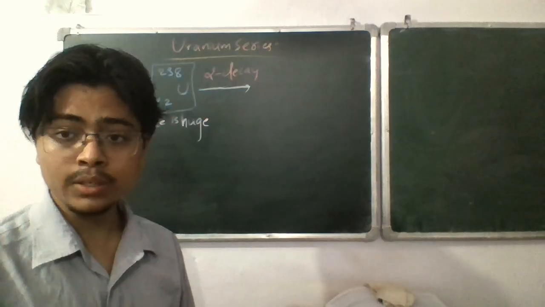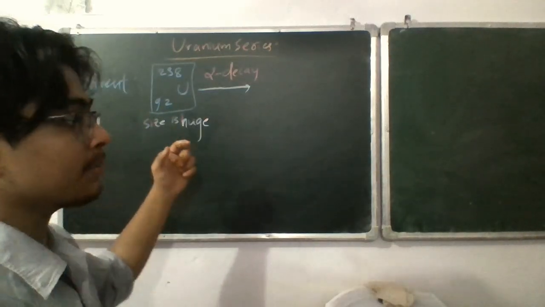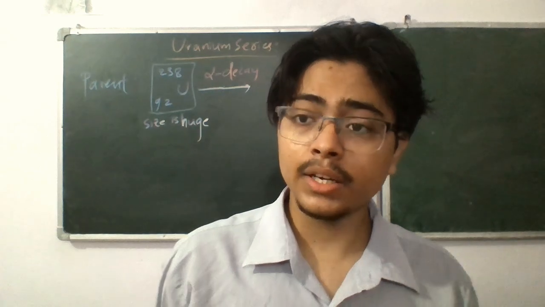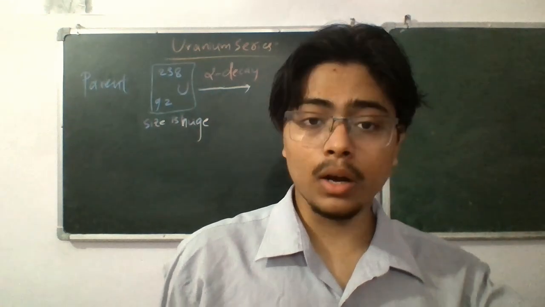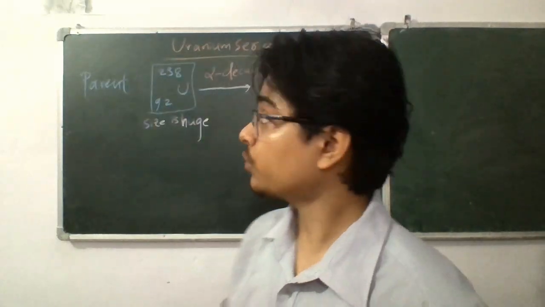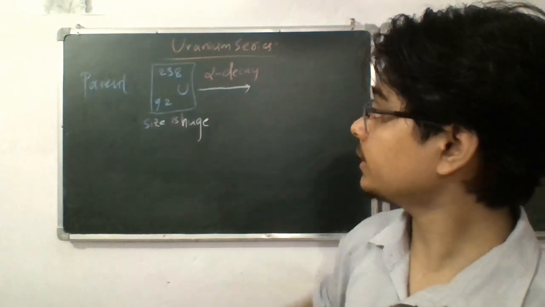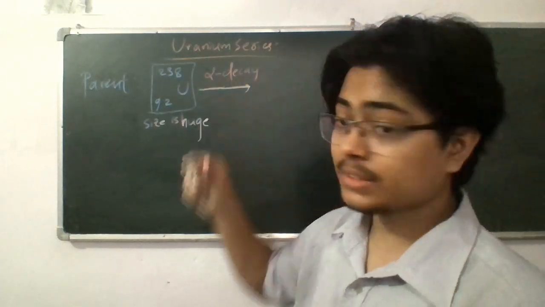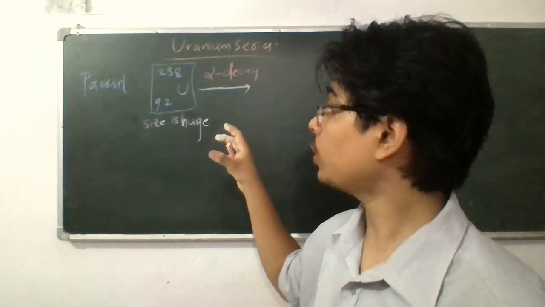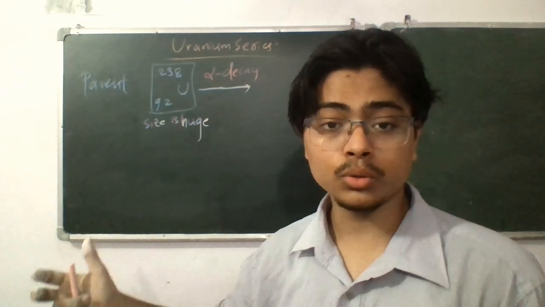Now it has 14 steps, and in each step either an alpha ray, beta ray or gamma ray is emitted. Let's see each of these steps. First of all, we have uranium 238, and its size is so heavy that it would like to do some alpha decay.